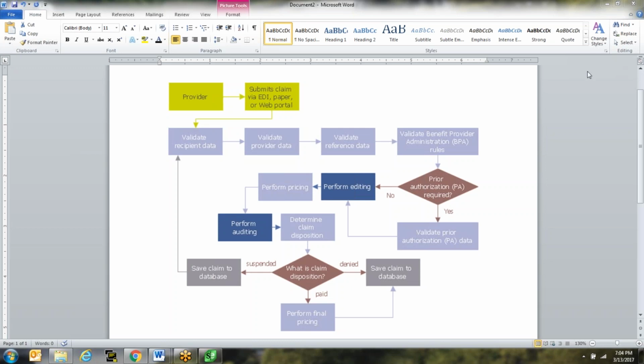All the claims, suspended, denied or paid, are saved to the database. So you can see everything going on with that claim in the claim screen. Or you write a SQL query and you can access all the details through a SQL query in the database. So there are two different ways to approach this.